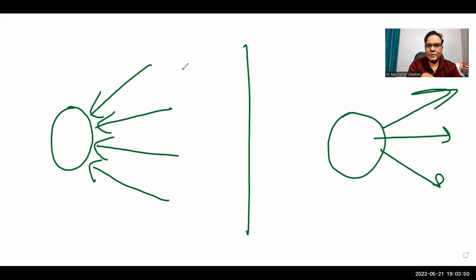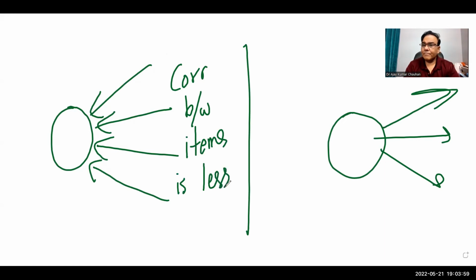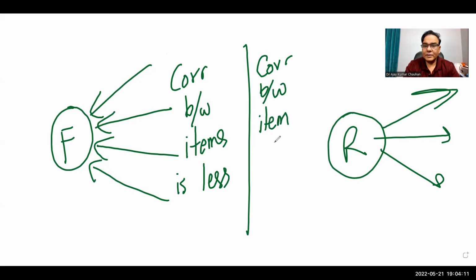Let me write here, correlation between items is less. But in a reflective construct, the correlation between items is high. So how high? Greater than 0.7.